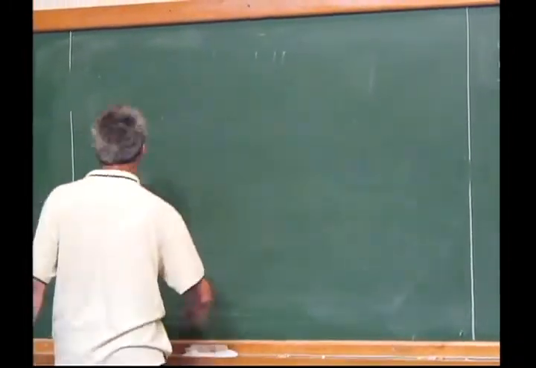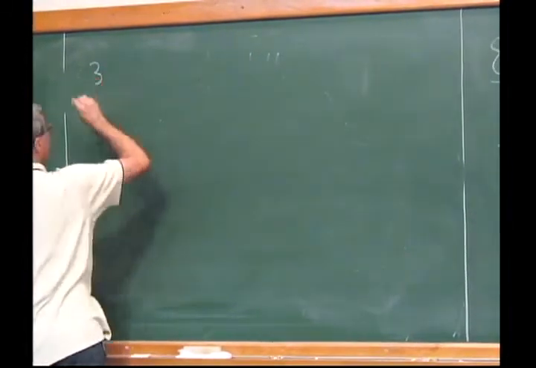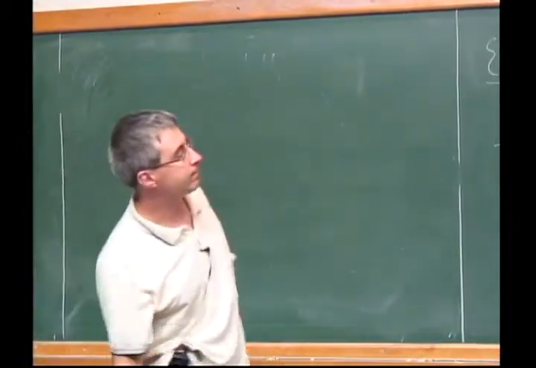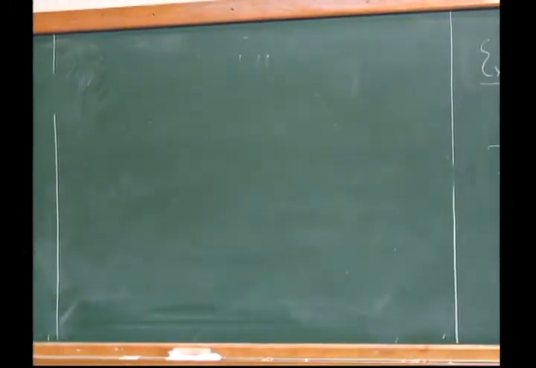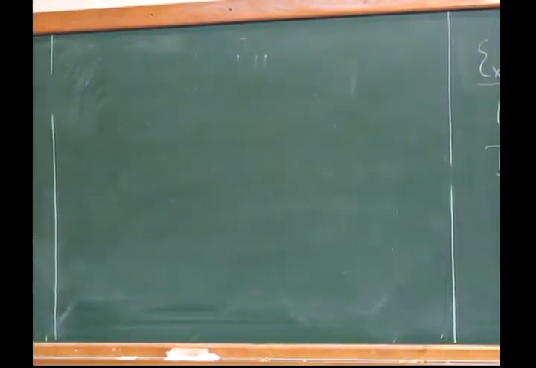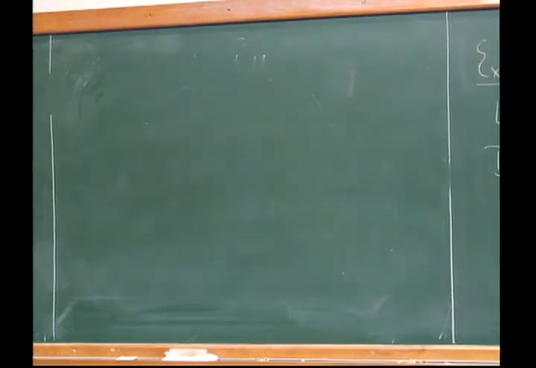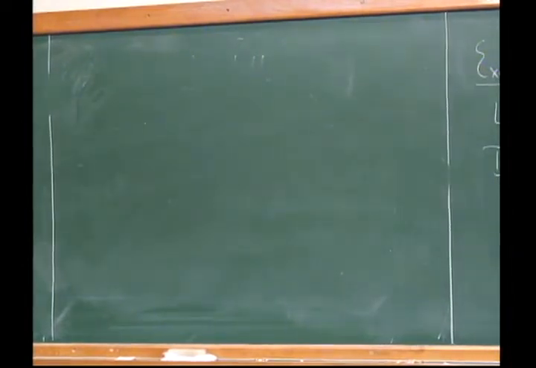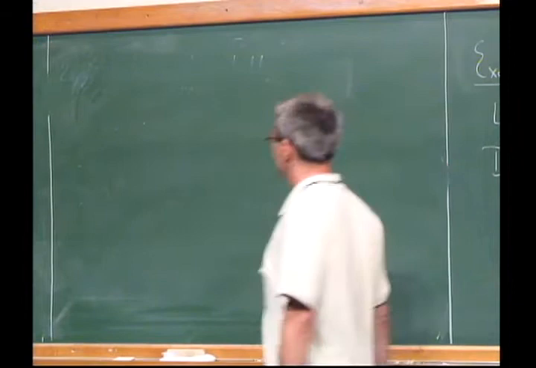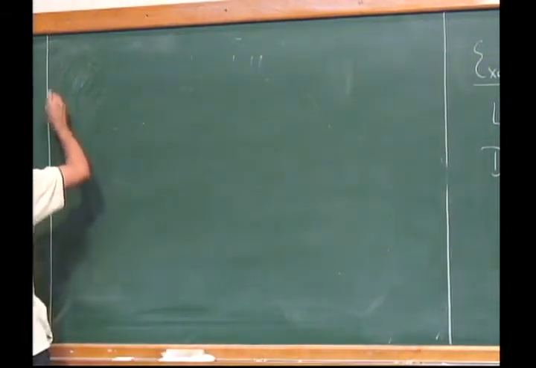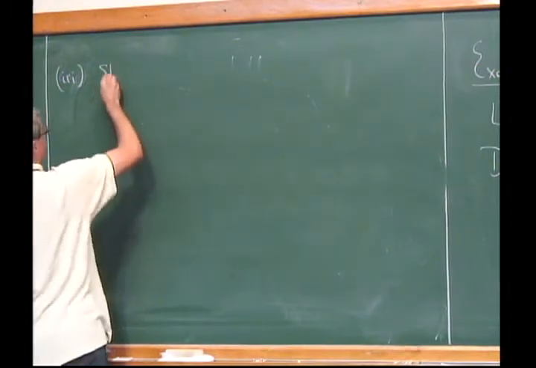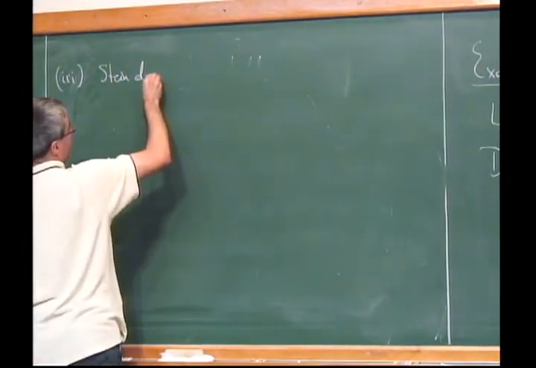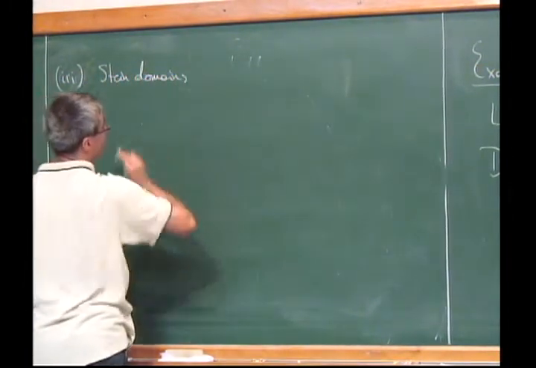And another example, 3. Let me write 1, 2, and 3. That's that of Stein domains, something coming from complex analysis.